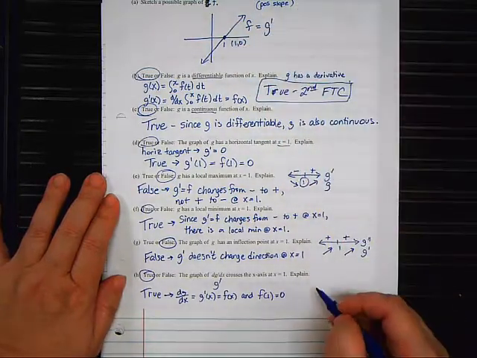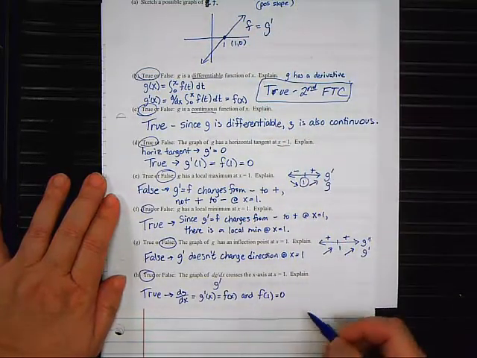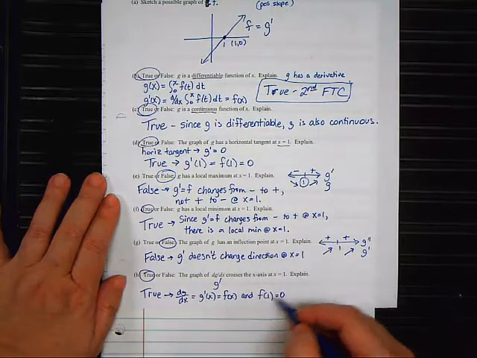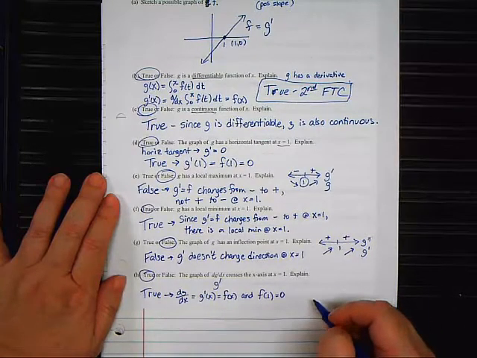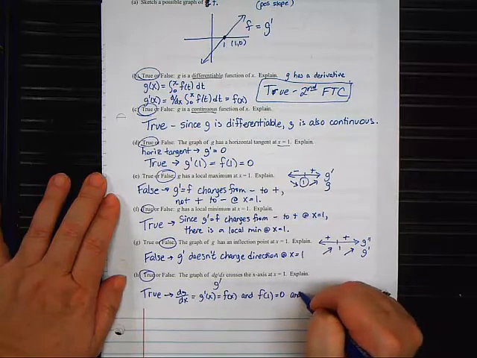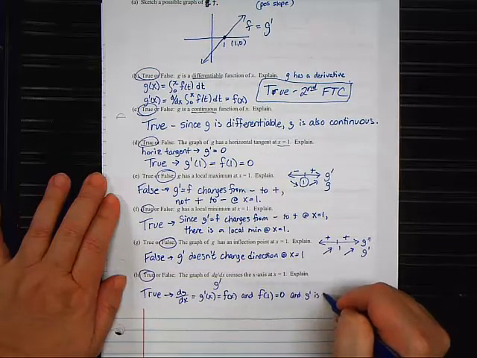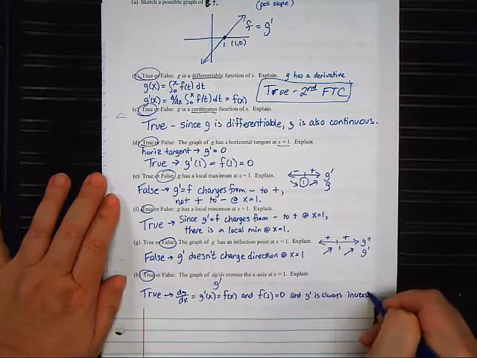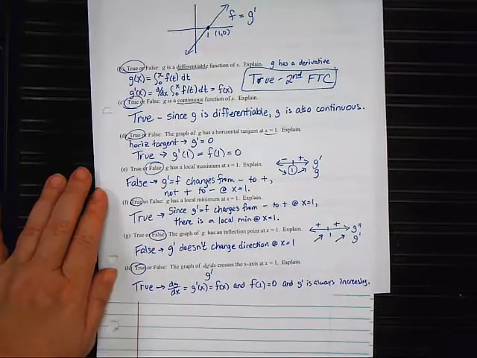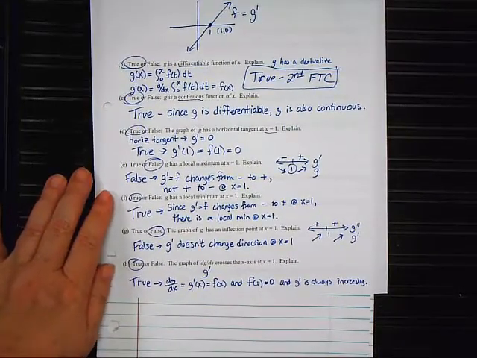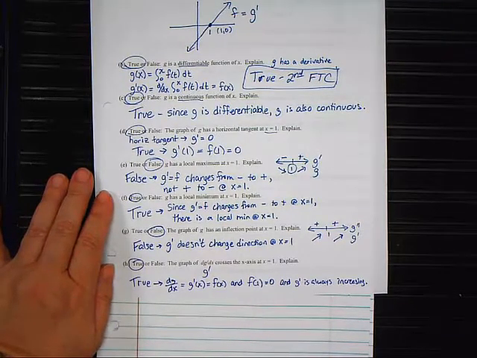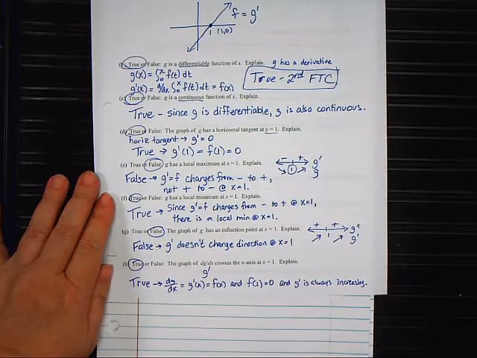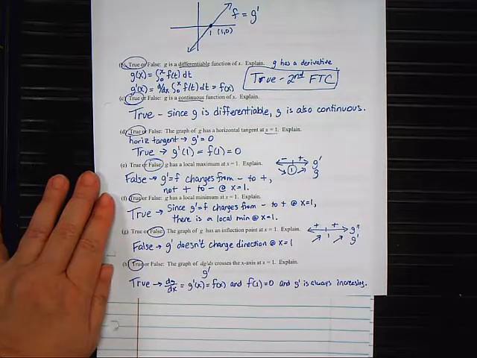Looking at the graph, it's because G prime is always increasing as well. It has to cross. G prime is always increasing. I would add that on there because f of 1 is equal to 0 doesn't necessarily mean that it's going to cross. It could bounce off of there. So you could also say that G prime is always increasing.